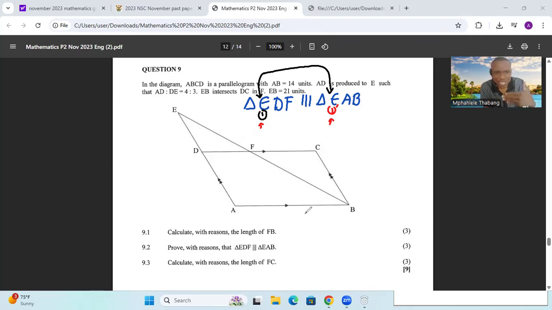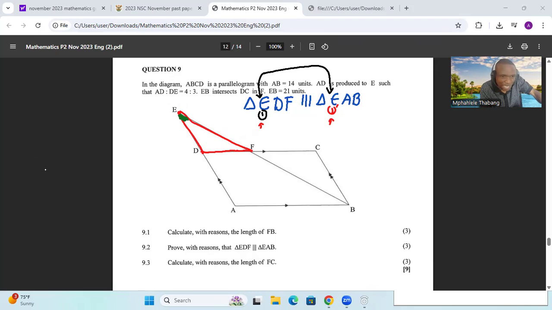So let's check E in EDF. We're looking at the triangle EDF. This is our angle E in EDF. So let's look for angle E in triangle EAB.